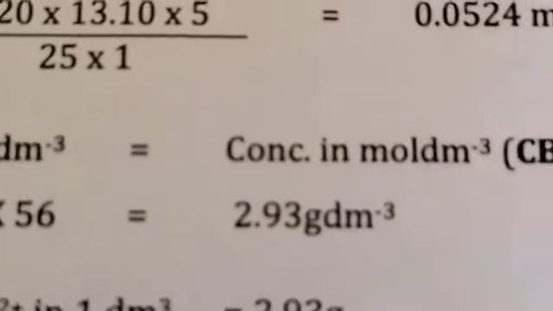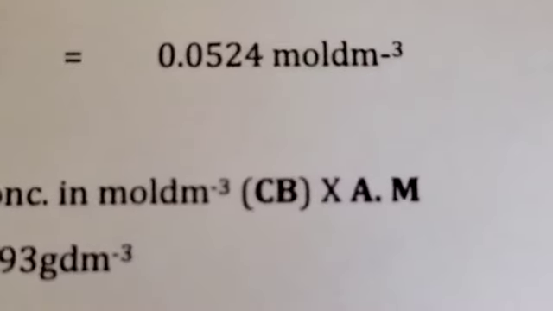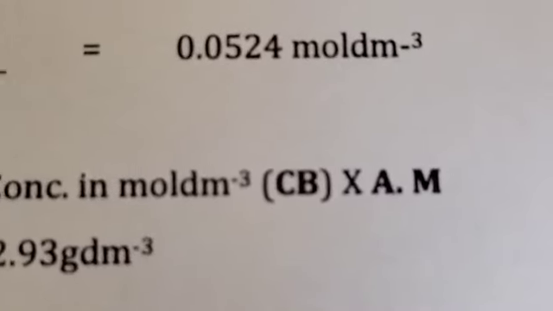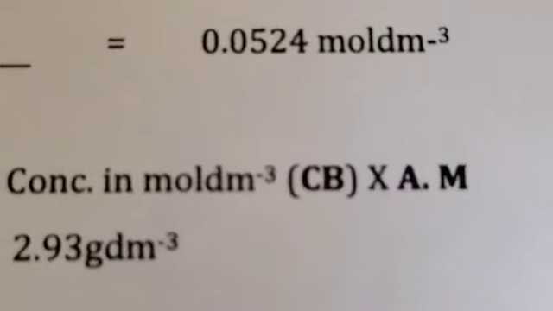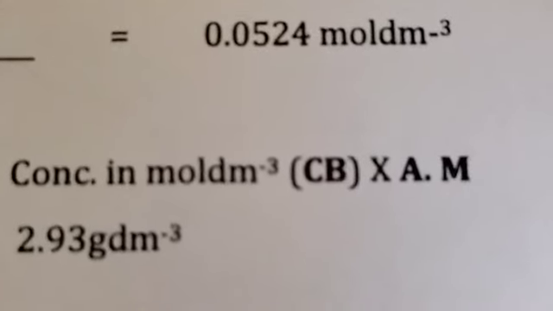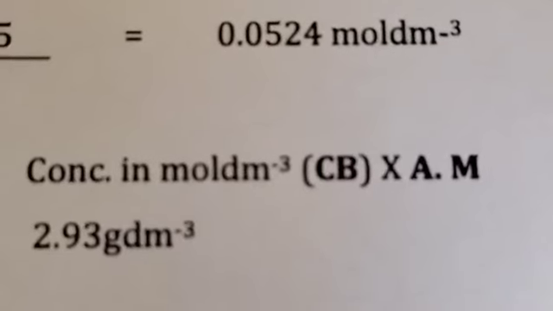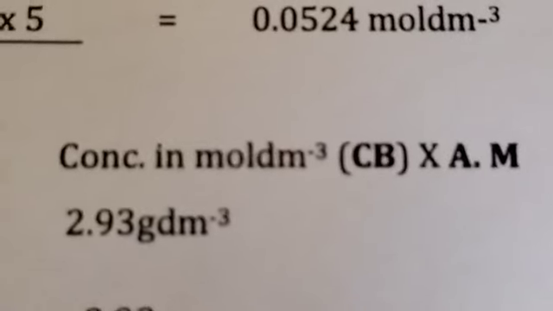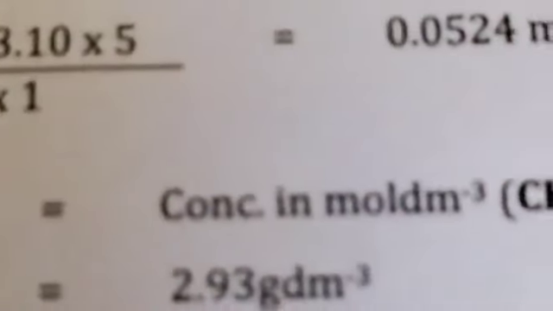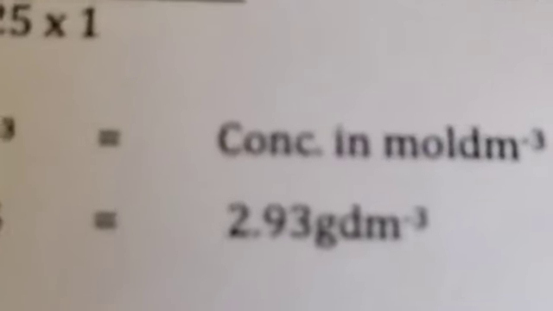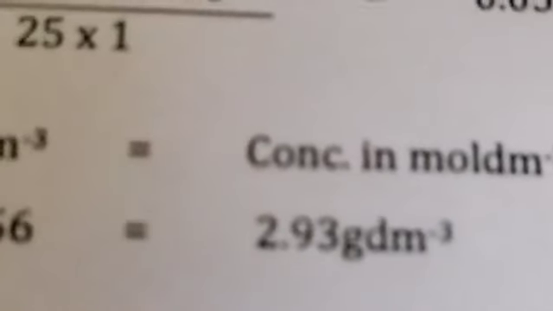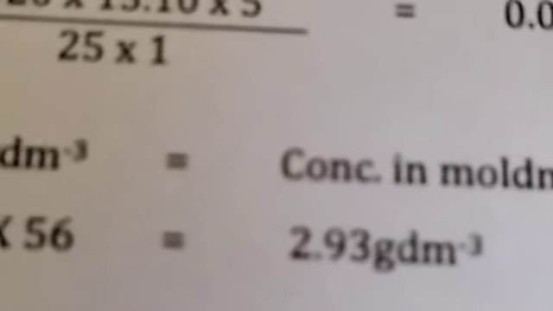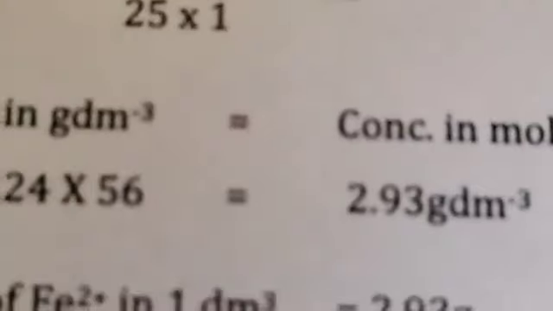You don't go and use the molar mass of iron sulfate here because the question did not mention iron sulfate. You don't assume that the instructions say that it's iron sulfate and start using iron sulfate. You have to read the question and digest it very well. So they say that B is the solution of iron 2 obtained by dissolving 3.8 gram of iron granules in 250 cm cube of solution.